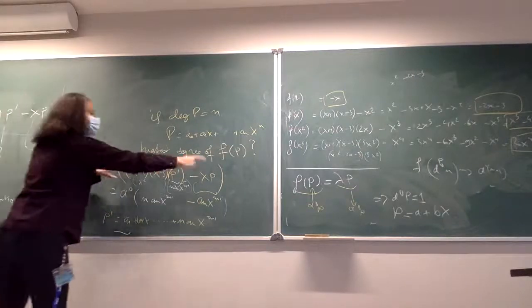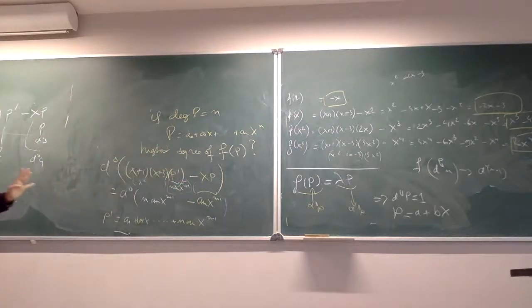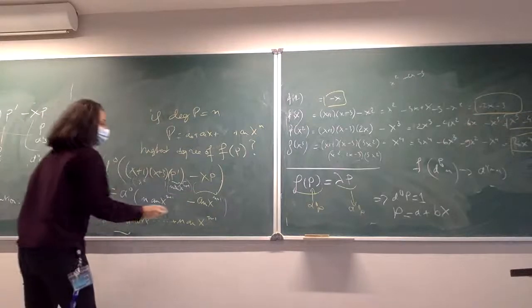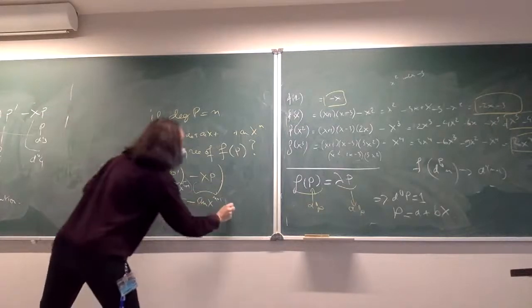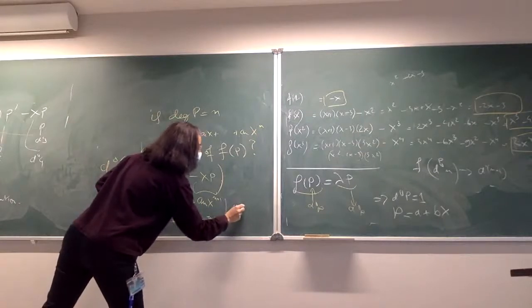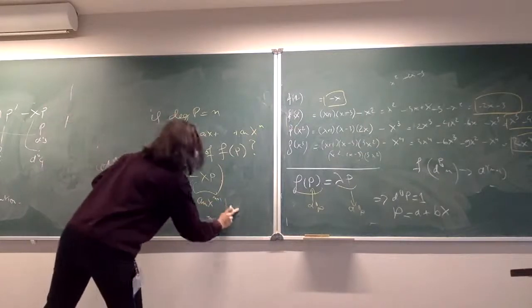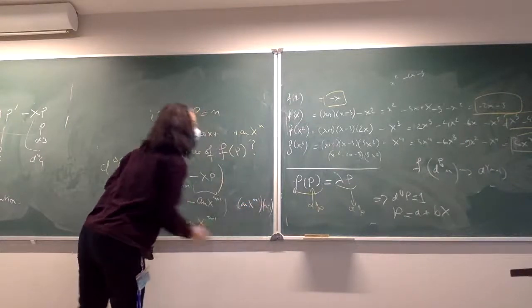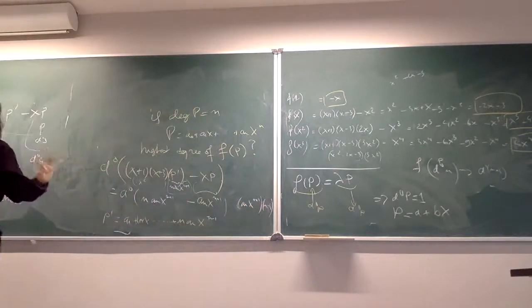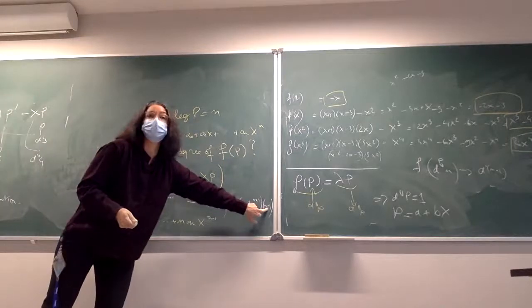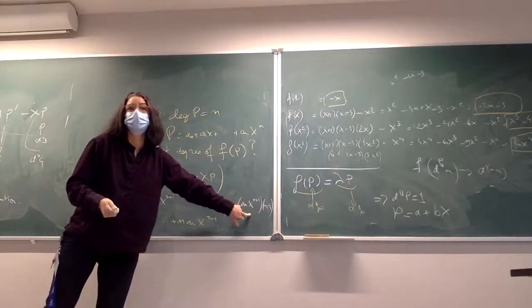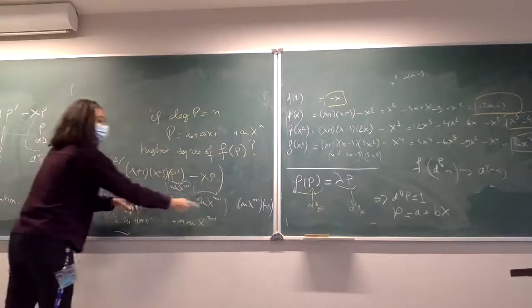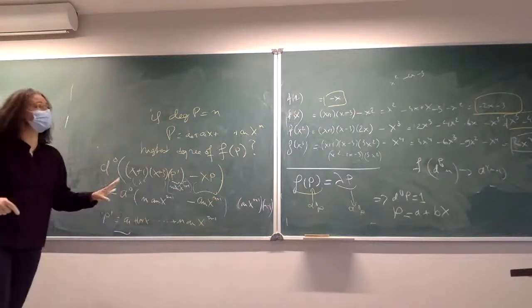So the degree of this is the same as the degree of that, unless it cancels, and that is going to be An x^(n+1) times (n minus 1). So what do we find? If n is different from 1, this does not cancel. When n is equal to 1, this highest order term cancels.